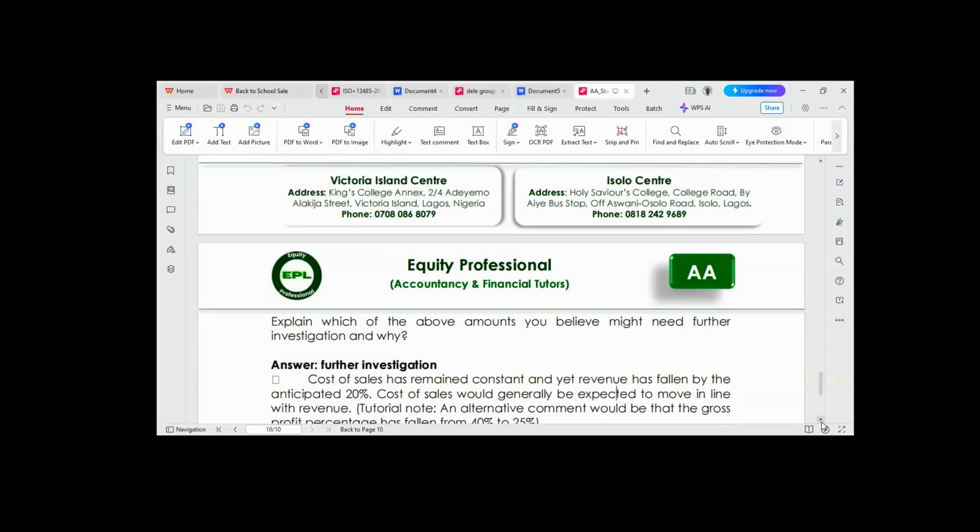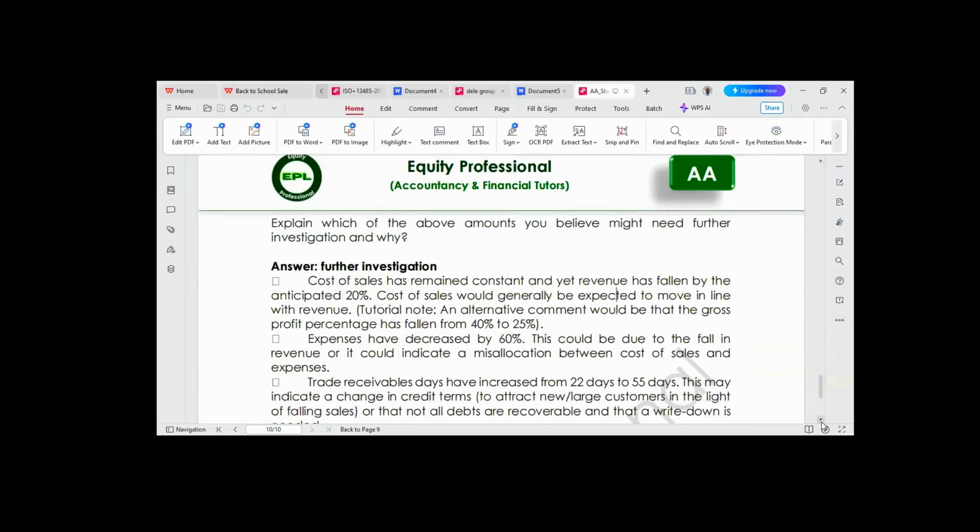You have 50%. I'm just trying to look at the calculation, okay? So the alternative comment is that the gross profit percentage has fallen from 40% to 25%.